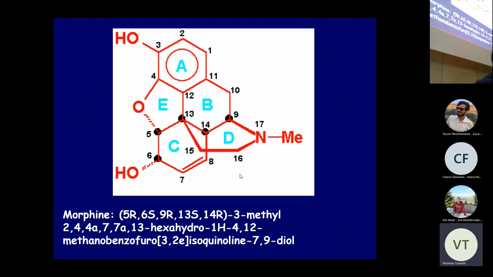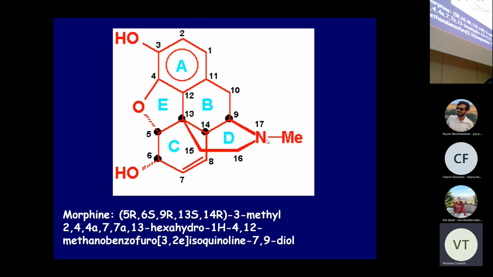First of all, we describe in depth the chemical structure of morphine. You can see the 5 rings. Ring A, phenolic, aromatic, planar. B, almost saturated. C, almost saturated, there is a double bond.